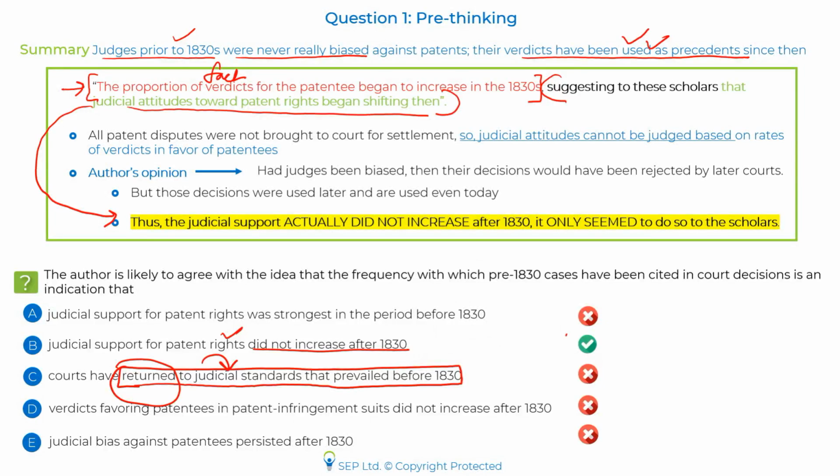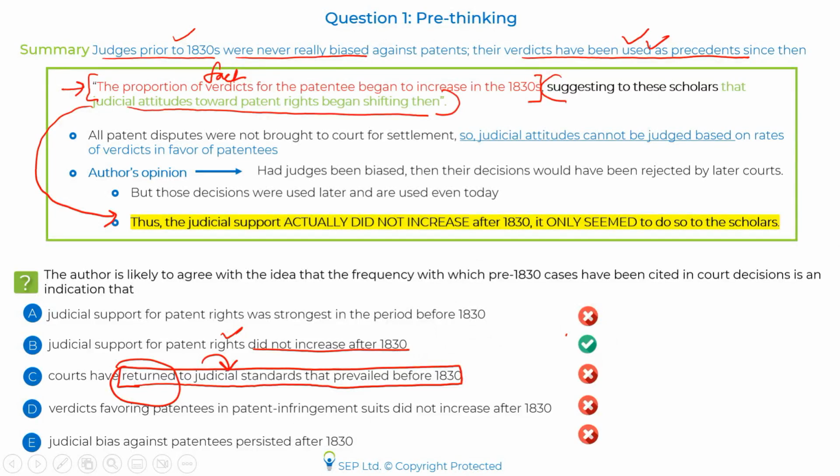And again, remember, look at the language. When you say courts have returned to judicial standards that were there before 1830, it sounds as if they are using the verdict. But actually, verdict and judicial standards are not the same. If you have any queries, please ask, guys.